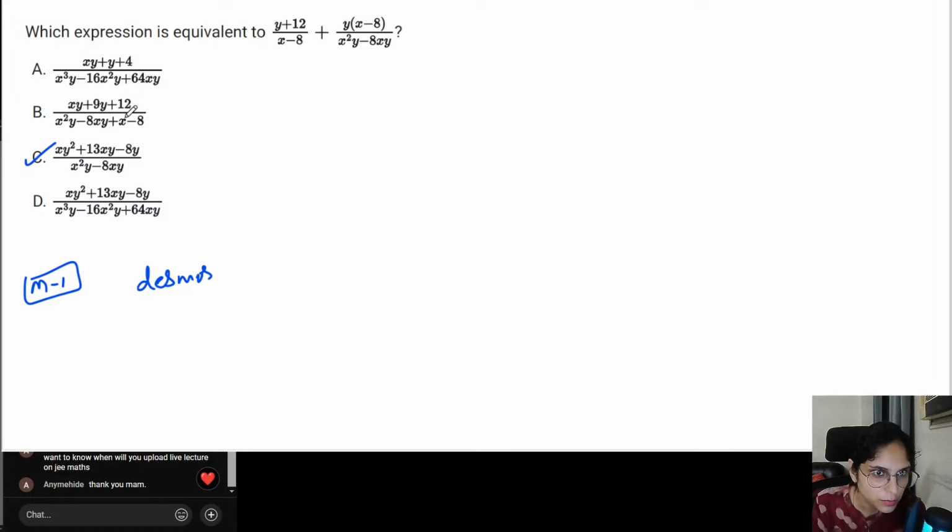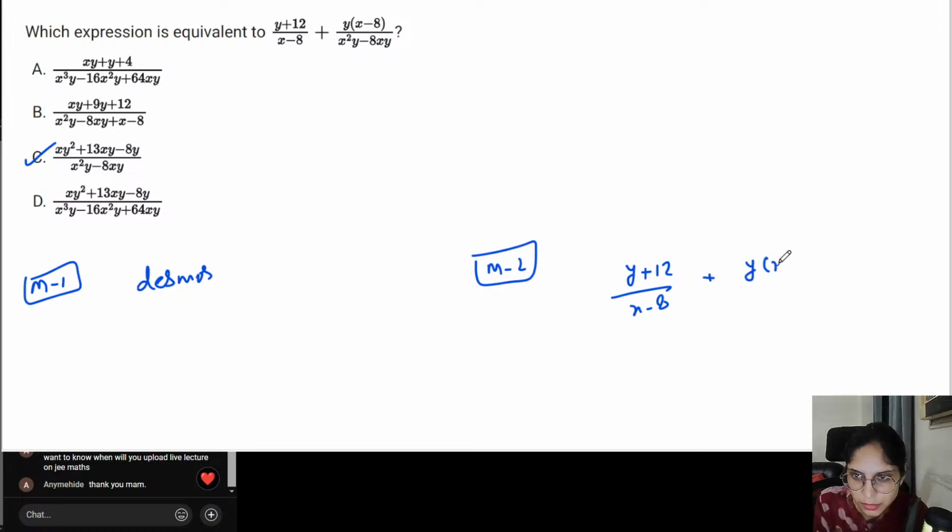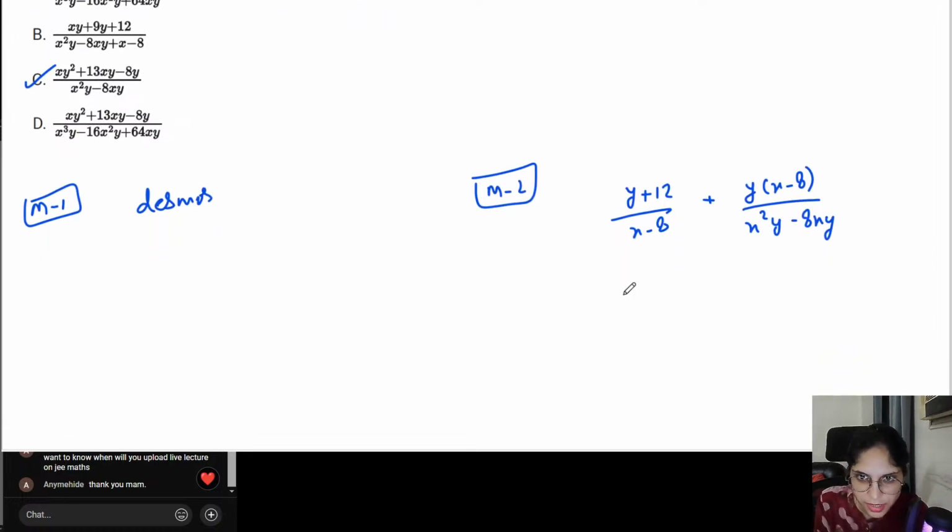Now if you will see, we have three different denominators, so I will try to find the LCD. That is least common denominator. Factorize this. This is x minus 8. This is, you can take x, y common, parentheses x minus 8.